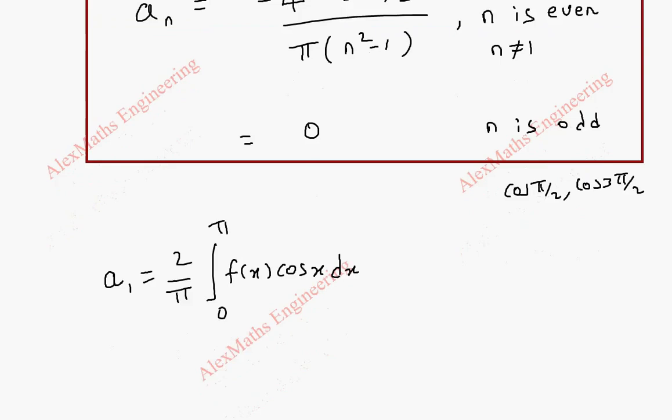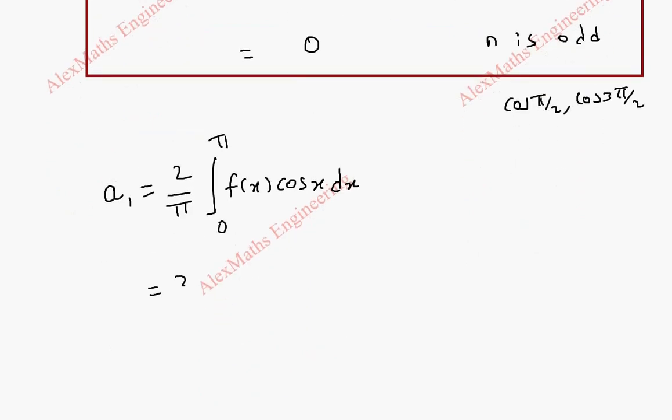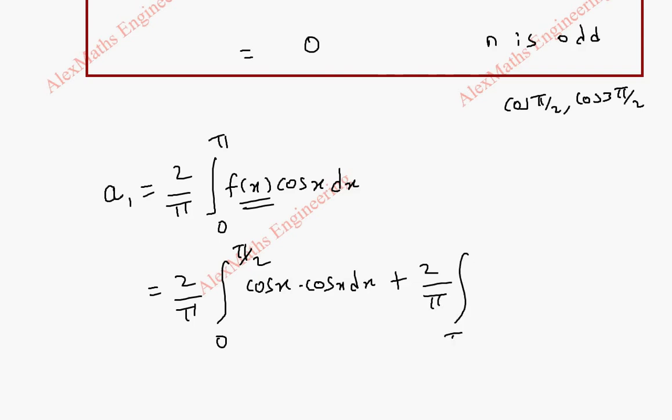So this we are going to split into two parts as usual. 2 by pi integral 0 to pi, it is cos x when it is from 0 to pi by 2, and into cos x is already there. I am just replacing only the f of x. Then plus 2 by pi integral pi by 2 till pi, and this time the function is minus cos x into cos x dx.